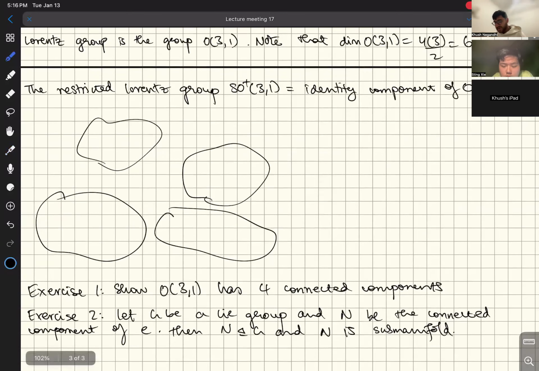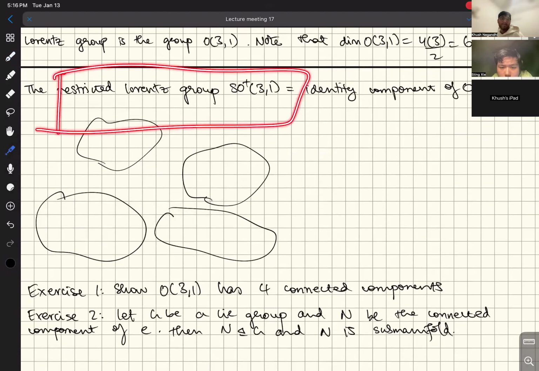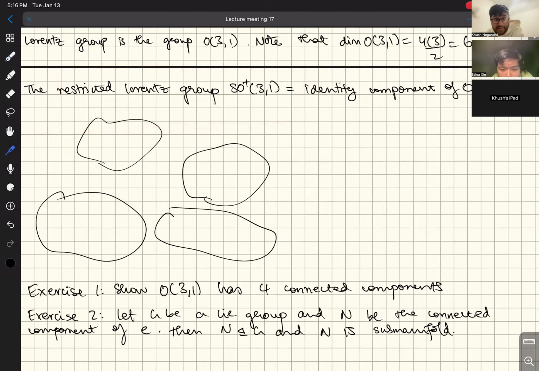So the main group we care about in physics is the restricted Lorentz group, because again it preserves time orientation and stuff like that. If you remember one of our first meetings, we talked about how the fundamental group of the special orthogonal group in 3 dimensions gives rise to a double cover called the spin groups, right?